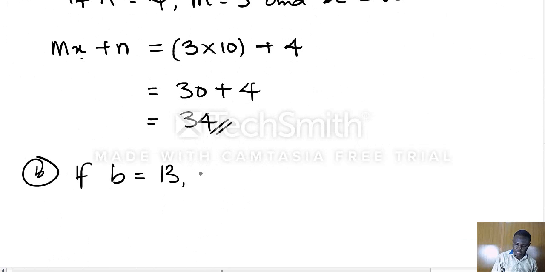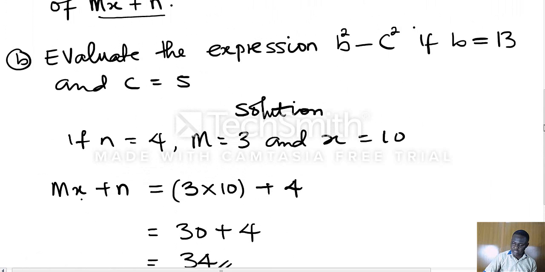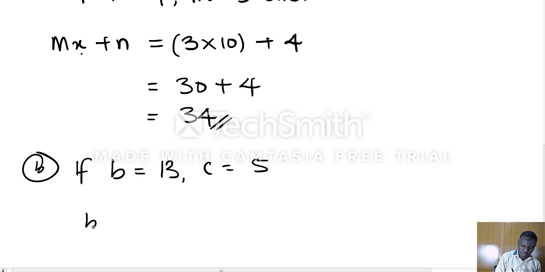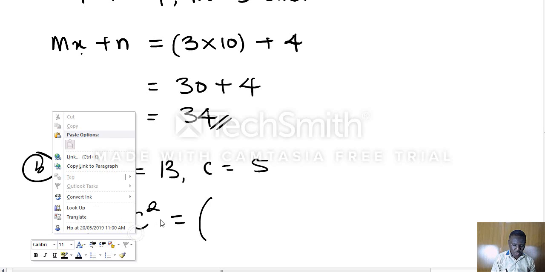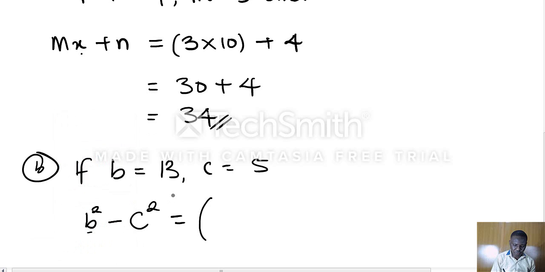C is said to be 5, then the expression b squared minus c squared will be equal to, you first of all substitute, then you simplify. How do you substitute? You rewrite the expression, but instead of writing b and c, you substitute it with the corresponding values given as 13 and 5.